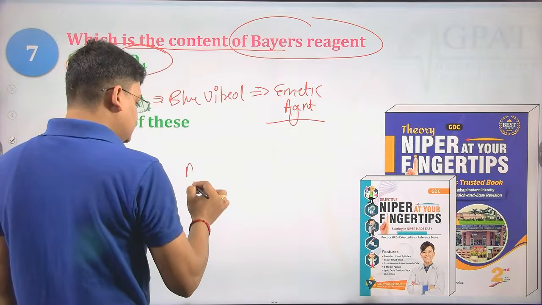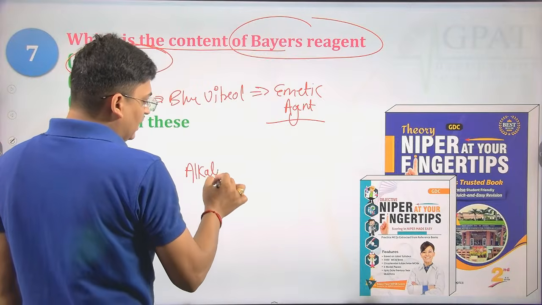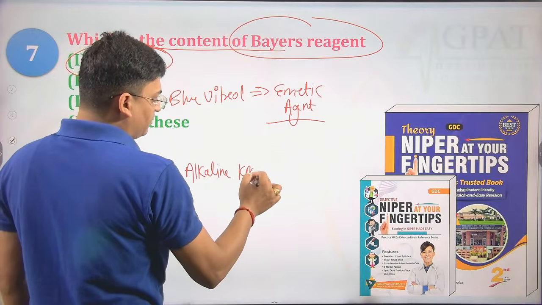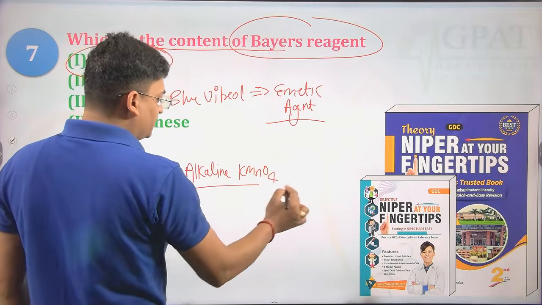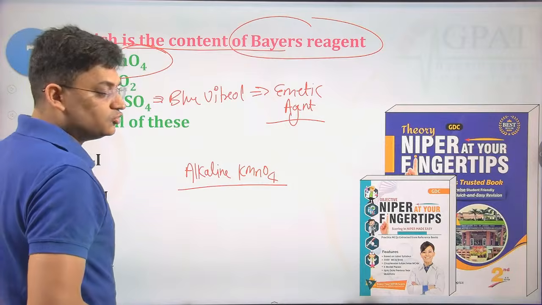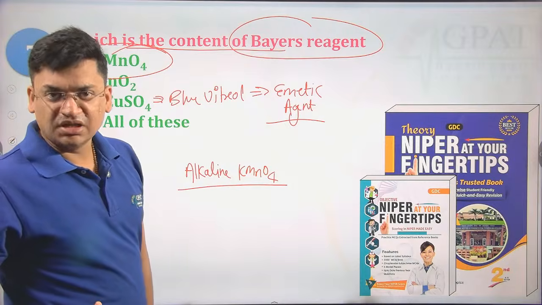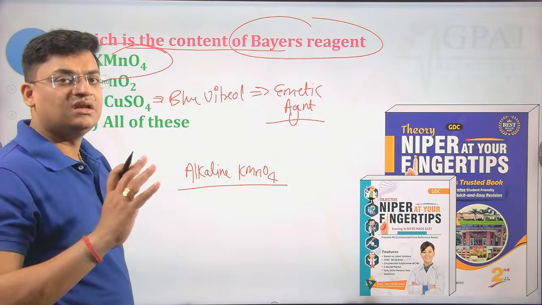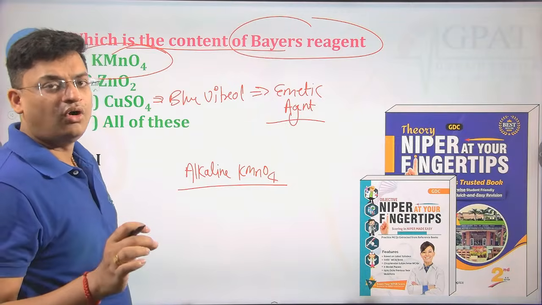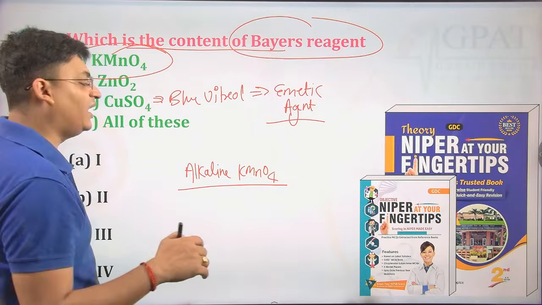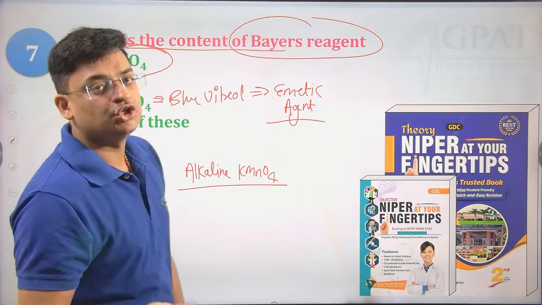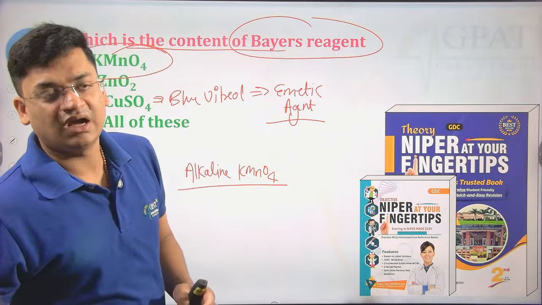Bayer's reagent is alkaline KMnO4, alkaline potassium permanganate, and this is used to check the unsaturation in a compound. If we have any double bond, then the pi bond will be broken down and we have syn addition of OH on both the double bonded carbon atoms.